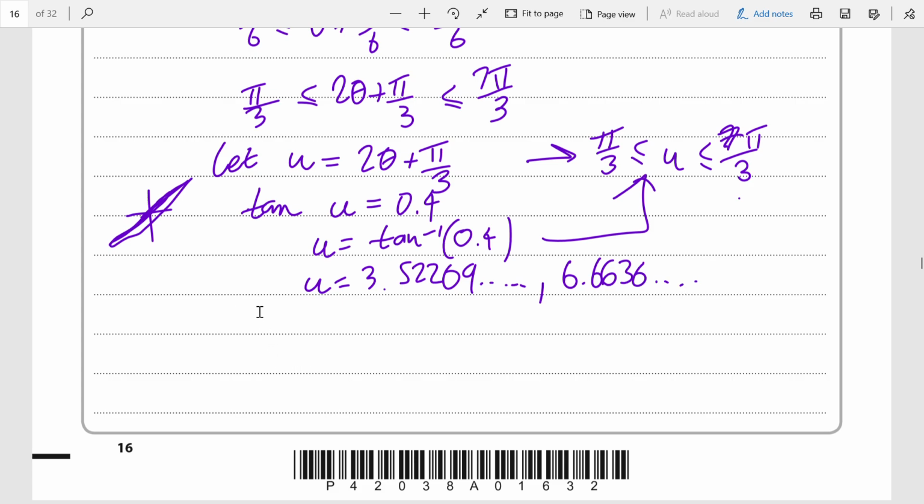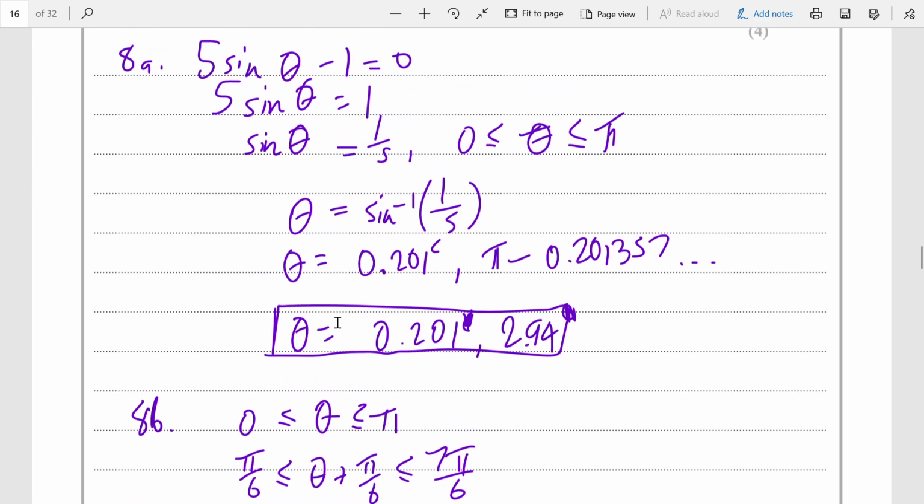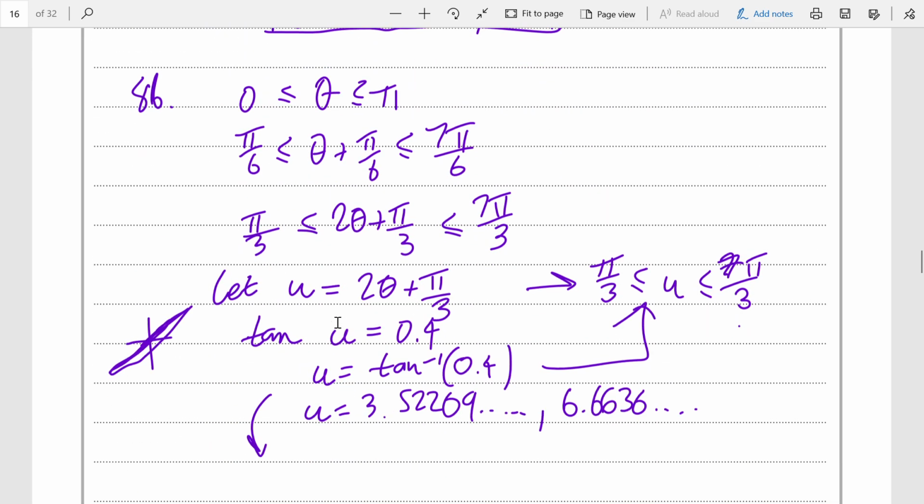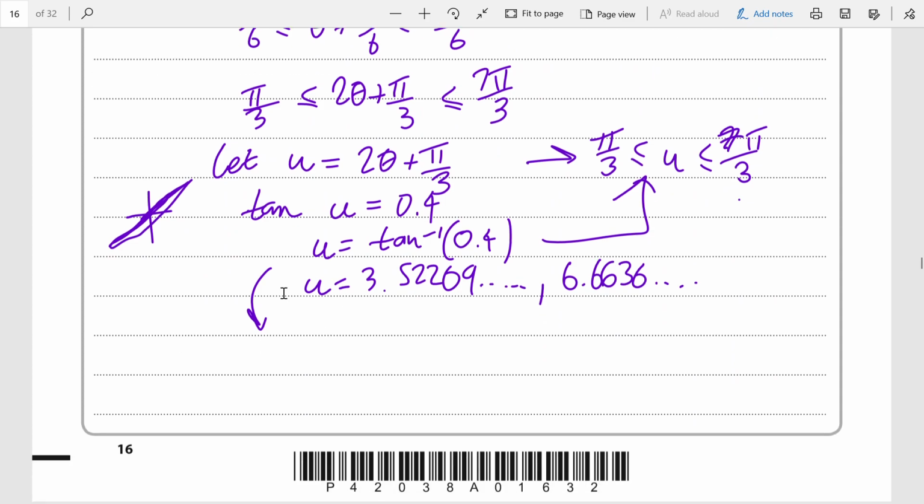And then to get to our actual value of theta, since we have u is 2 theta plus pi over 3, well, theta must be equal to u minus pi over 3, over 2, because first you subtract pi over 3 from both sides, and then you divide both sides by 2 to get just theta on one side.